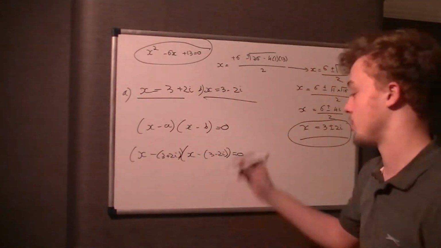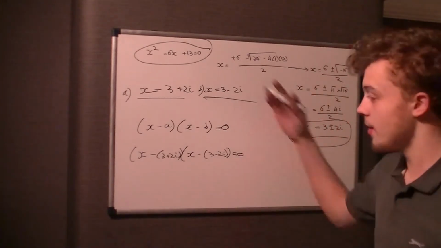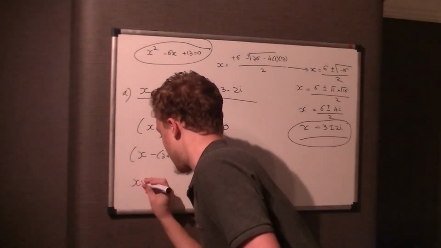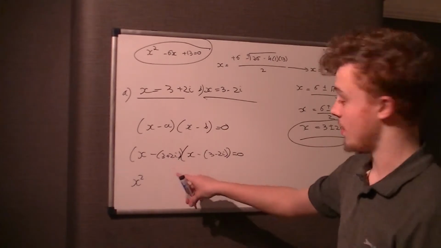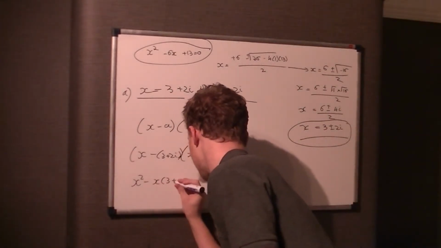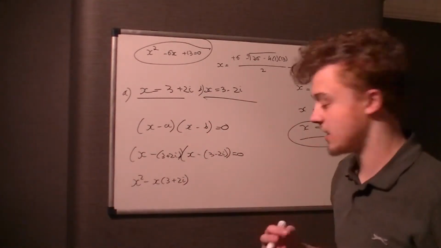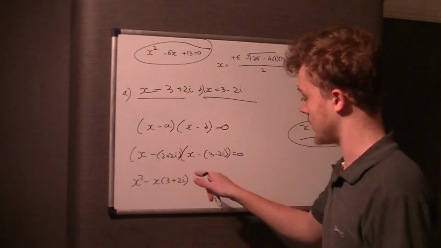Okay, so we can put square brackets around that if you wanted to. So the next step now is it's working backwards really. So x times x, x squared, and then it's x times negative (3 plus 2i), so it's negative x brackets 3 plus 2i. Just explain it like you would a normal quadratic if you were working backwards. So we've done that, and we've done that.